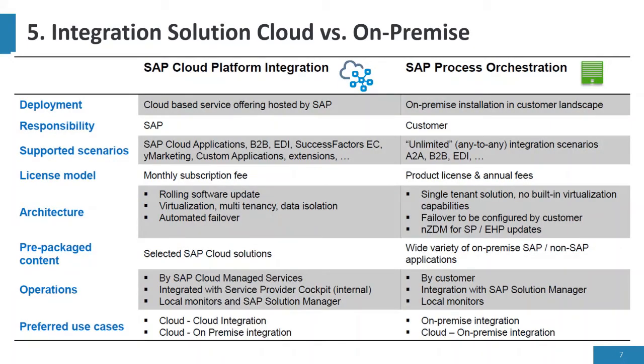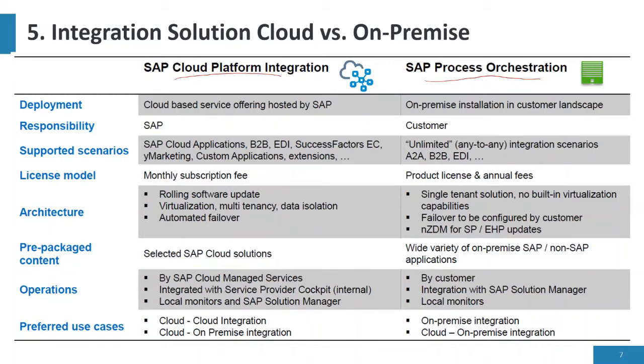Okay, so coming back to integration solutions versus on-premise systems. Here, this is complete theory. You may pause the video and read through it, but at a high level, there are different topics you have to understand when you go for Cloud Platform Integration and when you go for process orchestration, and what you should expect.